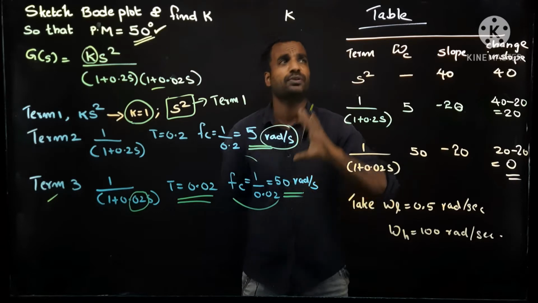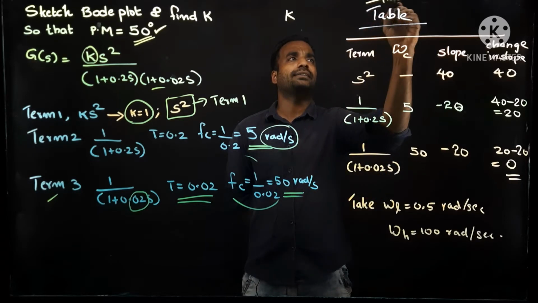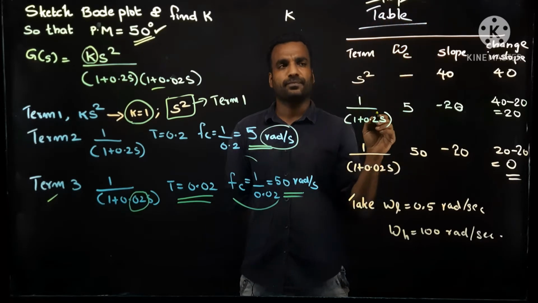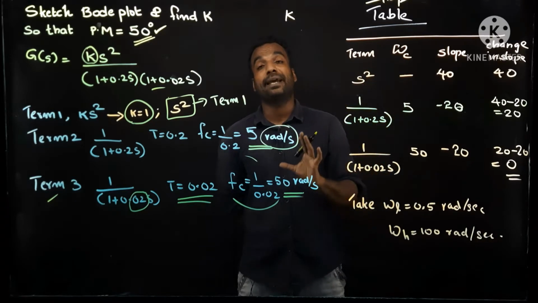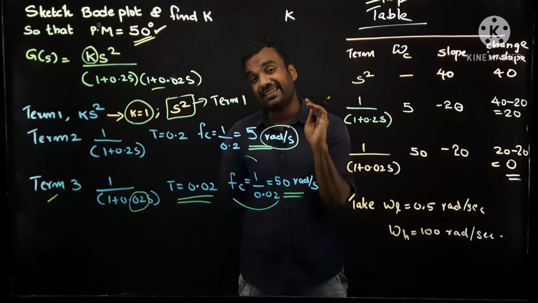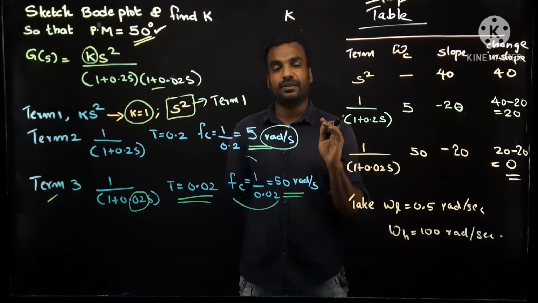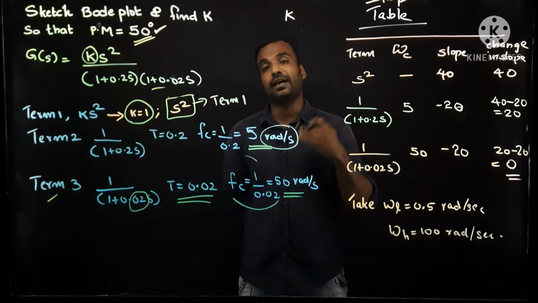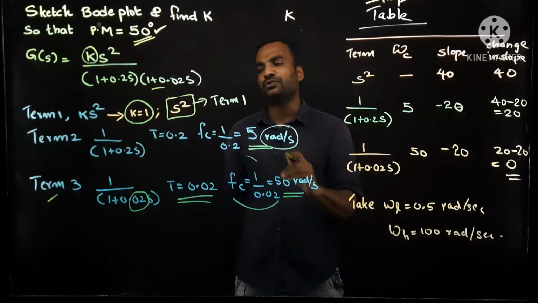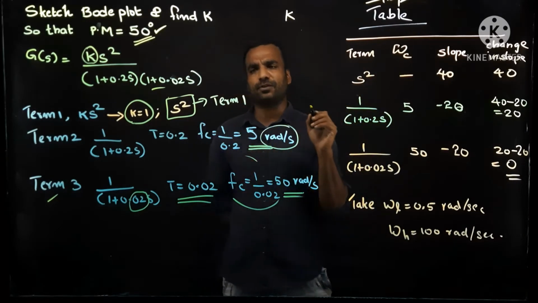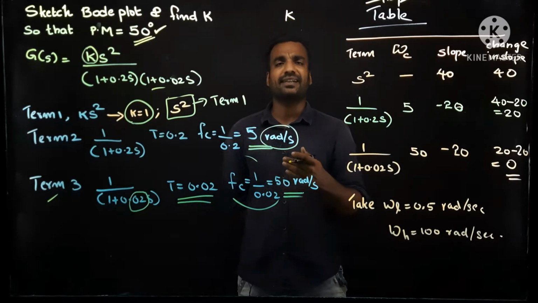Now we are moving to the slope table or change in slope table. For that, I have to arrange all terms in ascending order of corner frequency, that is lower value first, then higher value. The first term is not having any corner frequency because it is an integral or differential term.